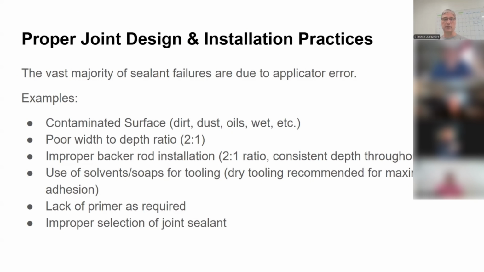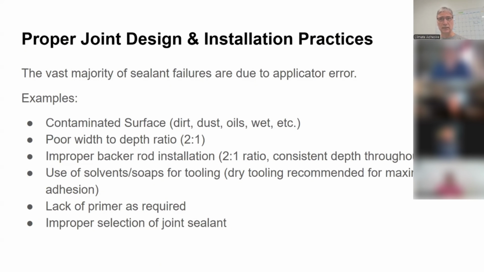Another thing is poor width to depth ratio. You want a width to depth ratio of 2:1. If you have a 1-inch wide joint, then in the center of your joint you want the sealant to be no deeper than 1/2 inch. If it's a 1/2 inch joint, you want 1/4 inch depth in the middle.